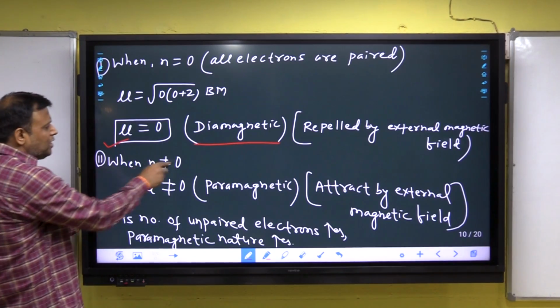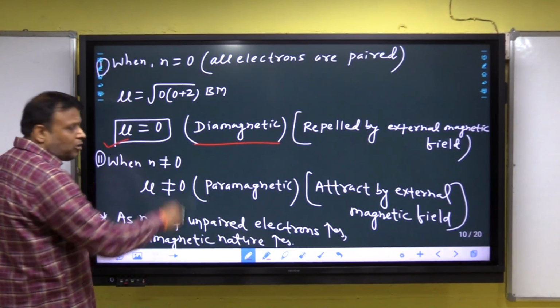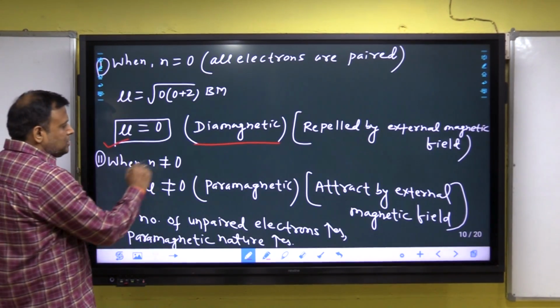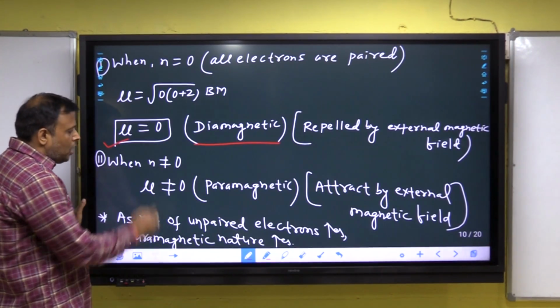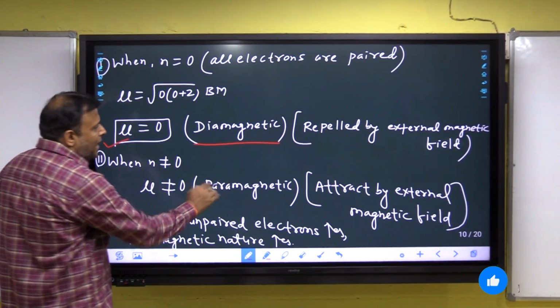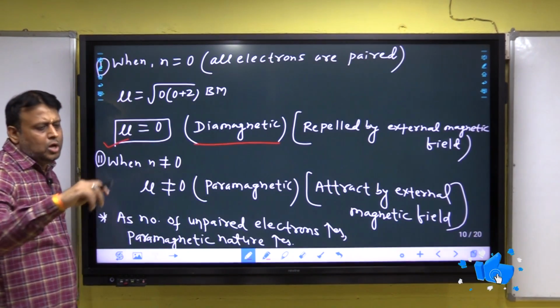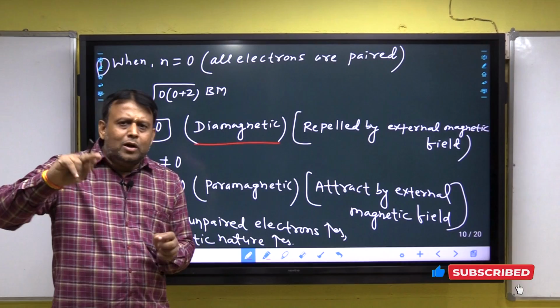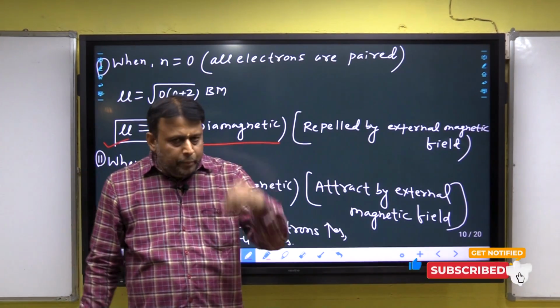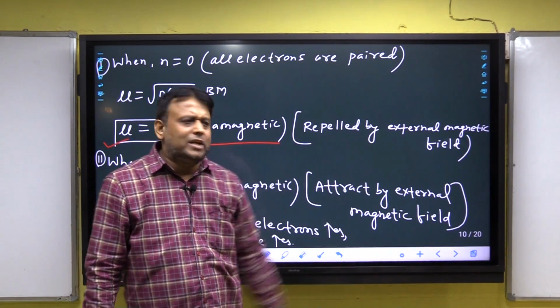When n does not equal 0, that means when unpaired electrons are available, mu does not equal 0, so the species is paramagnetic. For an MCQ: mu 0 is diamagnetic, mu not equal to 0 is paramagnetic. As mu increases, paramagnetic nature increases.